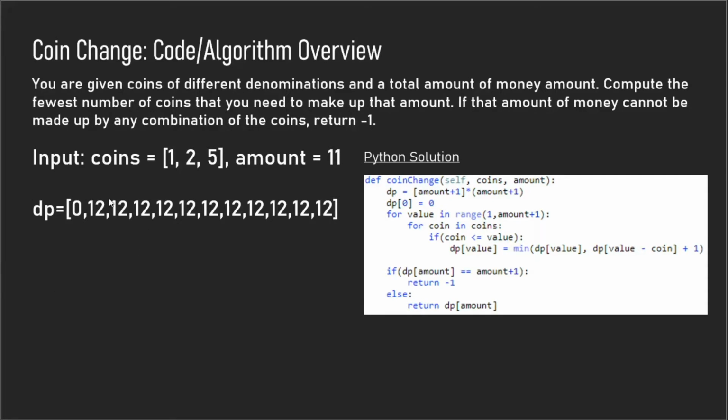So let's start by going through the first iteration. In the first iteration, we start at this index here, and then we want to loop through the coins array. We're essentially going to only update the value in the DP array when this condition is true. This condition is if coin is less than or equal to value.